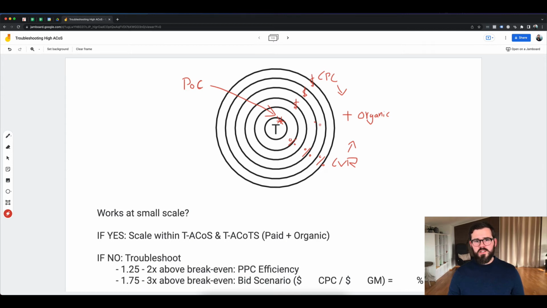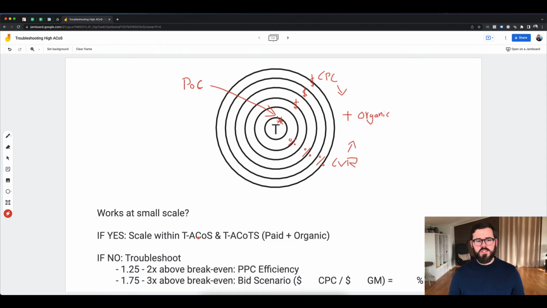Likewise, if it is out here, then yes, clearly it works at small scale, because if not, you wouldn't have been able to get out here, assuming you're profitable and everything. So if it works at small scale, if yes, then what you want to do is scale within target ACoS. And that's accomplished by paid plus organic, like I already mentioned, right?